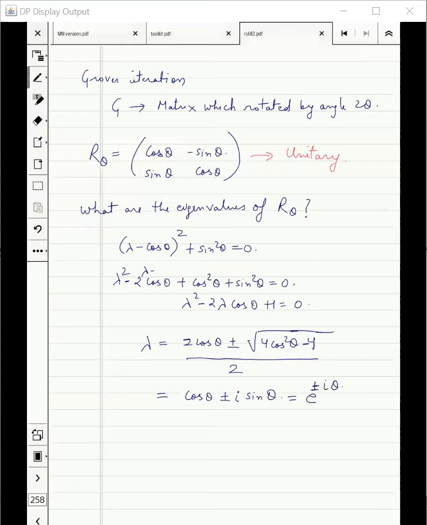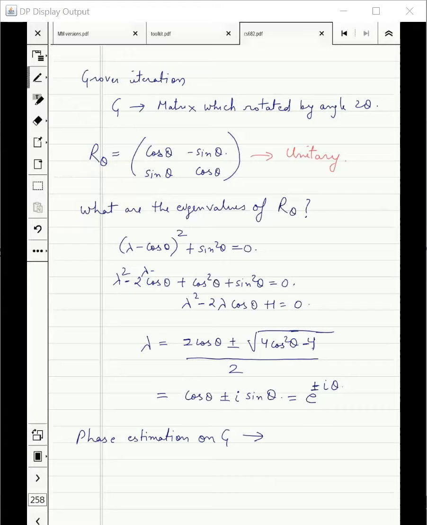Isn't that great news? What does it tell you? If I apply phase estimation on G, what will happen? I will get theta by 2 pi.